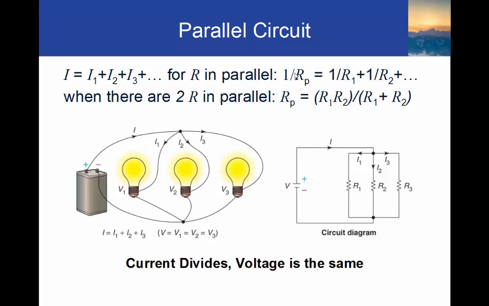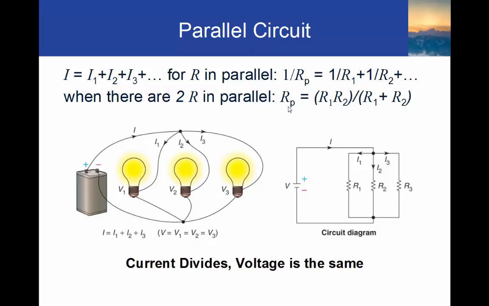To find the resistance for a set of parallel resistors, you use 1 over the resistance total is equal to 1 over the first resistance plus 1 over the second plus 1 over the third plus etc. If you just have 2 in parallel, you can quickly solve this by doing a little bit of algebra, and that's actually one of your homework questions, so I'm not going to do that for you right now.